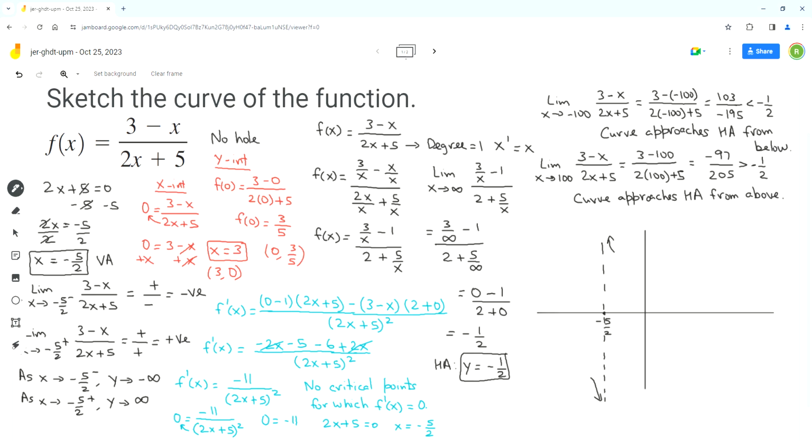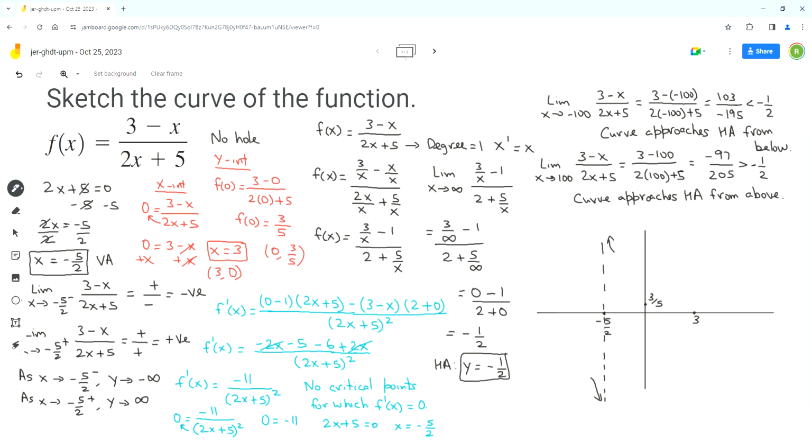Now the intercepts. The x-intercept is (3, 0), so maybe somewhere here. And then the y-intercept is (0, 3/5), so somewhere here, 3/5.